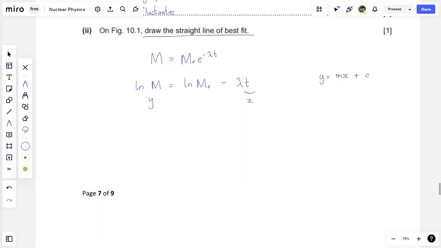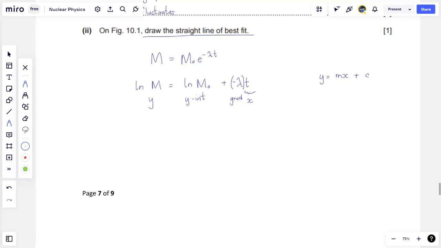That means this minus lambda, I can write as plus negative lambda. That's my gradient. I'm going to use the word gradient instead of m, so I don't confuse it with some other physical quantity. And then what's left is my y-intercept, the log of m naught.